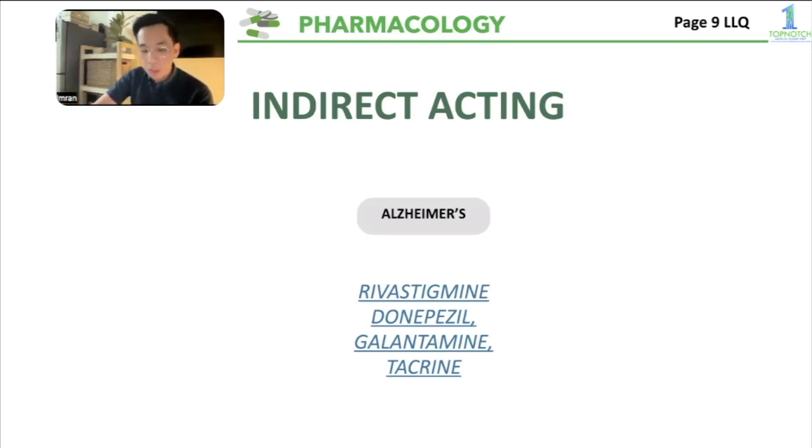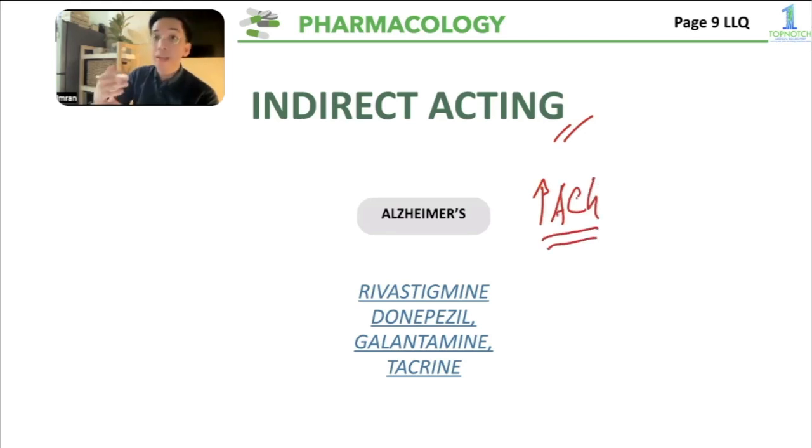Now, ano ba ang gusto nating mangyari dito? Remember that indirect acting, in general will increase the acetylcholine. And pag in-increase mo yung acetylcholine, particularly in the brain, it can also help in the management ng ating Alzheimer's disease, increasing yung neurotransmission in the CNS.